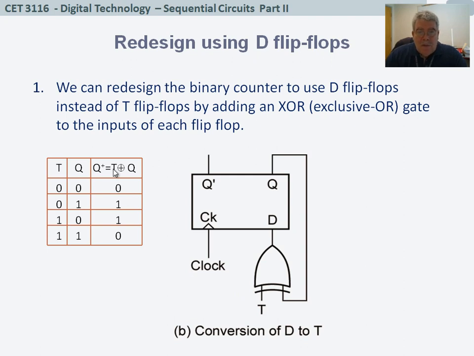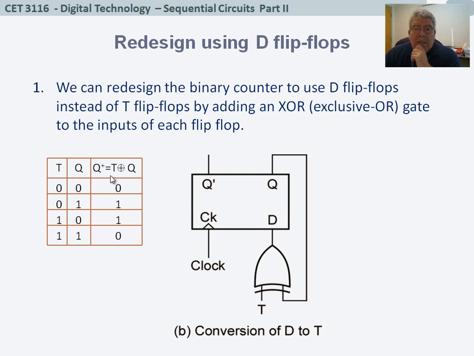Then because this is T XOR Q, we will have a 0. So 0 XOR 0 is 0, 0 XOR 1 is 1, 1 XOR 0 is 1, and 1 XOR 1 is 0. So you see, this is essentially our toggle flip-flop, right? Our D, which is Q next, will have exactly this T XOR Q.